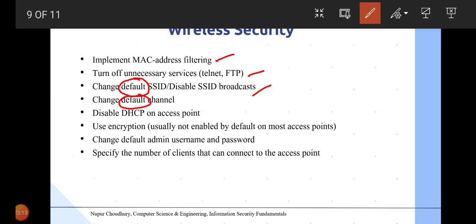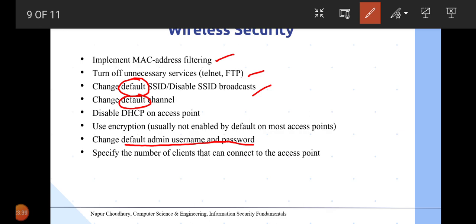We have to enable encryption, which is not enabled by default on most access points. So we have to encrypt our access points so that not anyone can access them. And we also have to change the default admin username and password and use our own username and password so that it is not compromised.